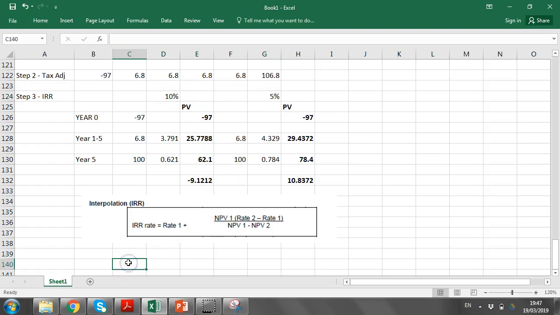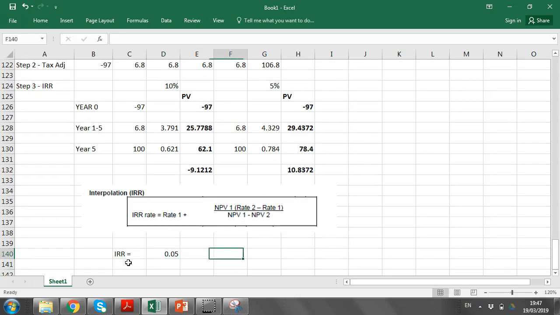So your IRR, just to sub in the formula, and again, maybe pause this now and try it yourself before you see me do it. Rate 1 is always the lower discount rate, 0.05.